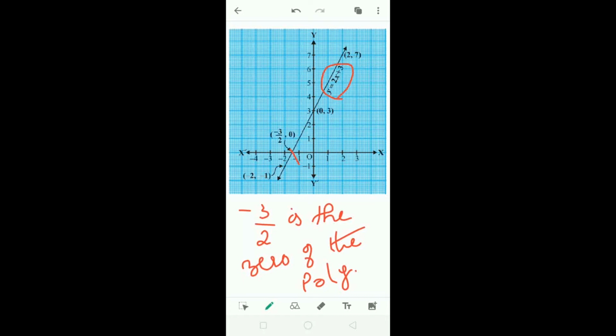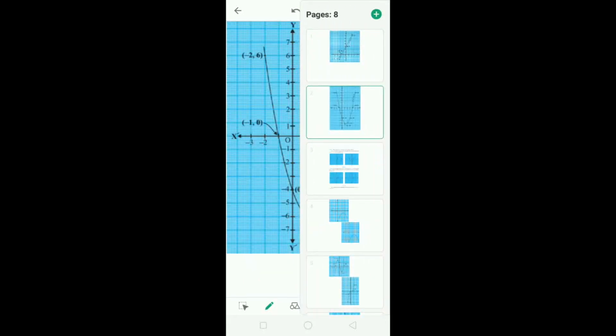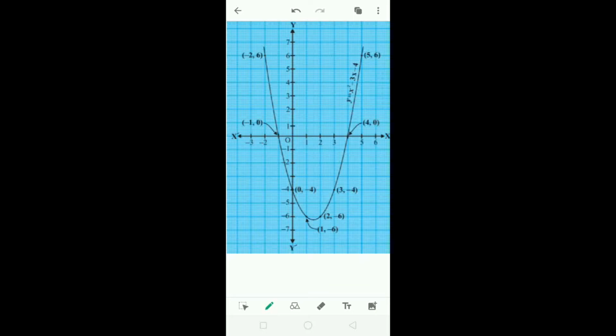Now let's see the quadratic equation. Look at this diagram here. This is the graph for a quadratic equation. The equation is given here, y is equal to x square minus 3x minus 4, which is our quadratic equation. Already I told you that for a quadratic equation the graph looks like an upward parabola or a downward parabola.